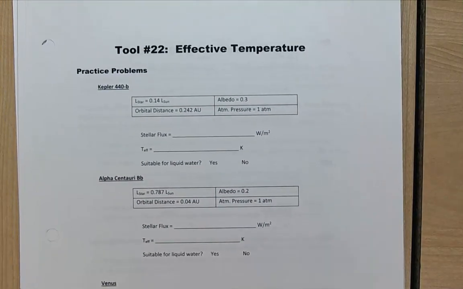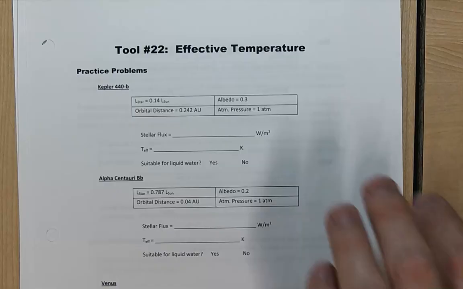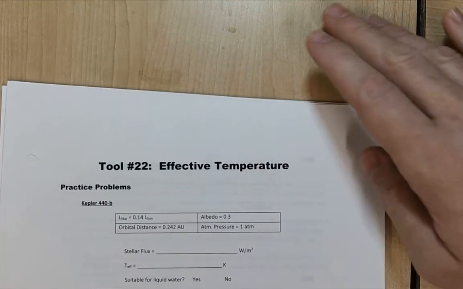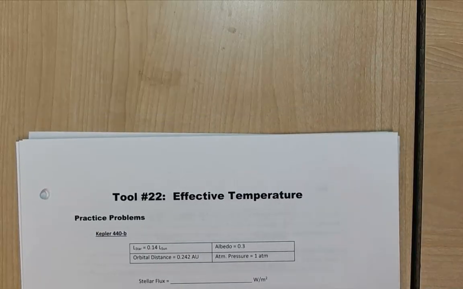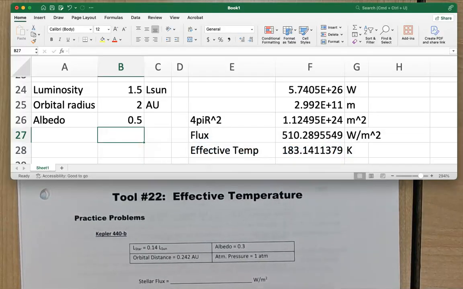And we've already got the spreadsheet to do all the work for us, so I'll move this down some more. All right. Kepler 440b is a planet. So Kepler 440 is the name of the star, and then b represents the planet.